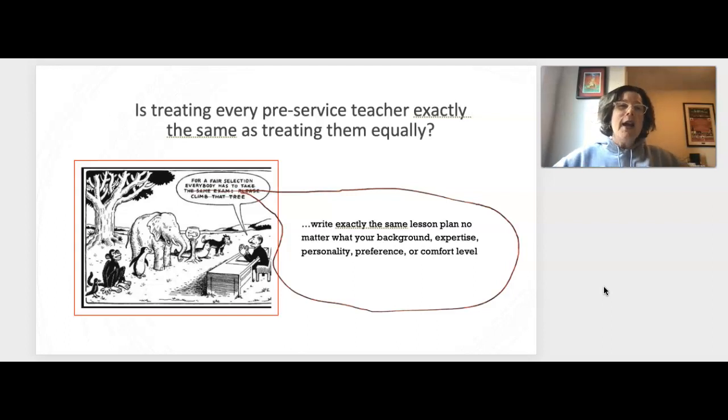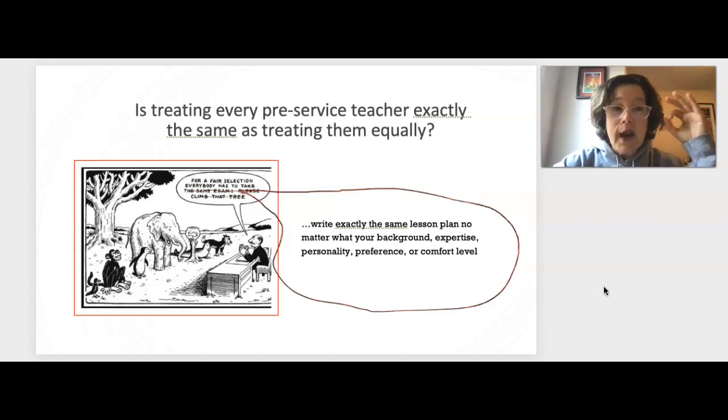I don't think you want us to treat all of you exactly the same, as that is really not meeting you where you are at, nor are we then able to push you to your full potential. So if you are chatting with your colleagues during your practicum, which we hope you do, you may find there are some different actions happening with your colleagues than there are with you.